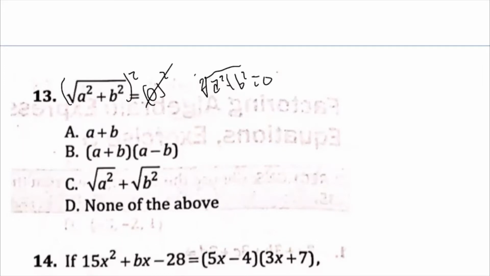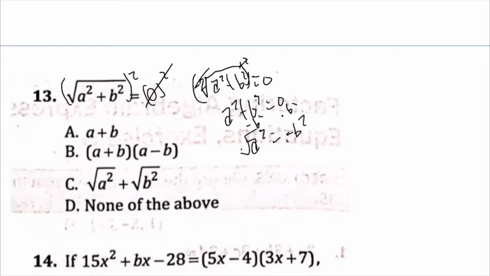But now this is going to cancel out with this 2, so then you're just left with a squared plus b squared equal to 0, which then if you want to solve for a squared is equal to negative b squared. And then you square root it again, right?